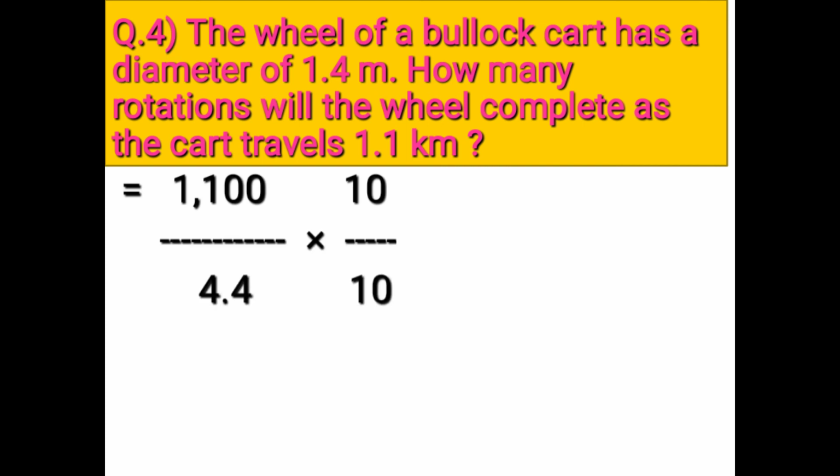1100 upon 4.4, multiply by 10 on both numerator and denominator. Why multiply by 10? Because in 4.4 one decimal place is there, so you have to multiply both numerator and denominator by 10.